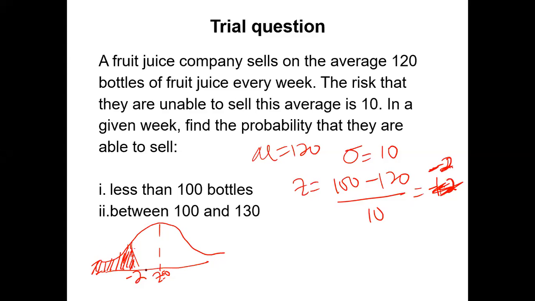So from 0 to the z-score of 2 here will give you a probability of 0.4772.